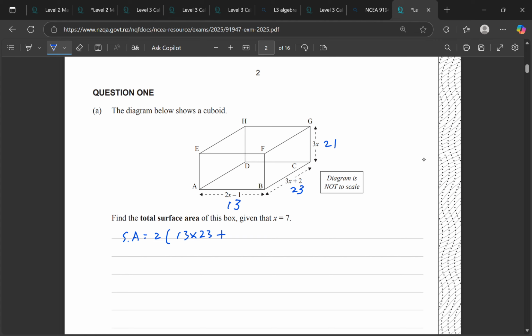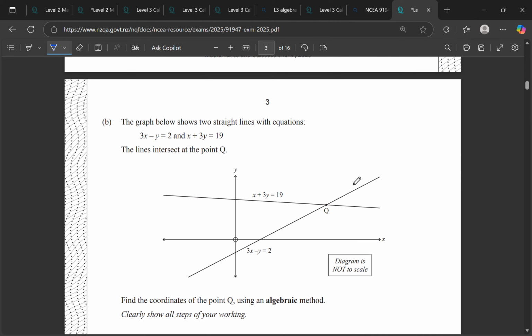So 13 times 21, oh I mean front and back. So front is 13 times 21, and then side, which is 23 times 21. Easy. So you plug those numbers in, you will get 2110. You can say units squared because it's area. Should be the answer. All right, next question.